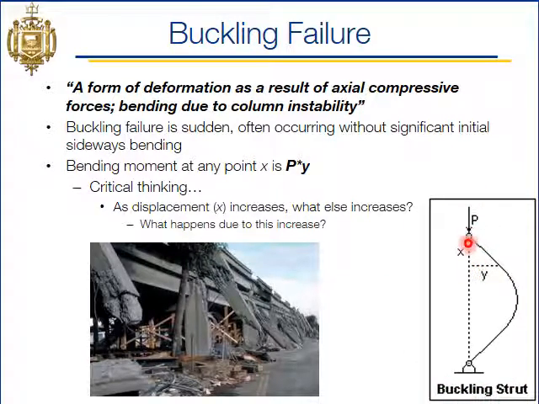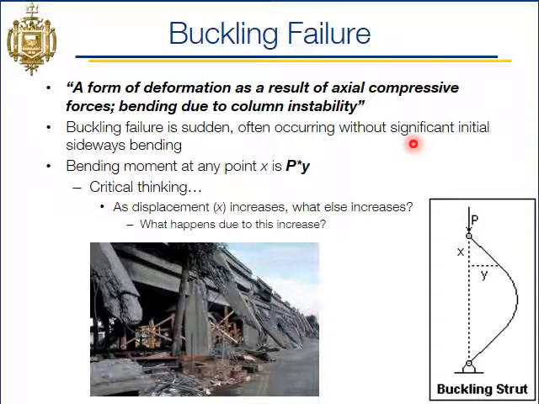This dotted line would be the column prior to the buckling load being applied, and then this buckling load P is applied, and our column, or our strut, bends out in this deformed shape. Buckling is always a sudden failure. Oftentimes there are no initial signs of failure. It just happens very quickly.